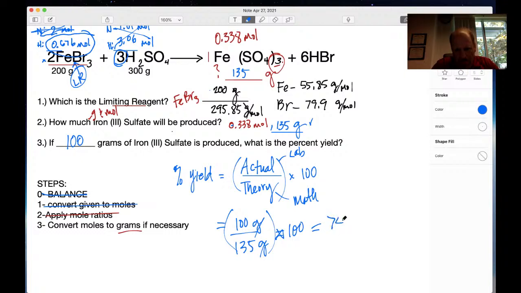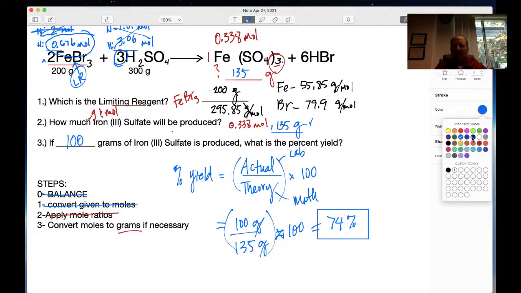So 74% yield. Okay, and that's how you do it. So if 100 grams of sulfate is produced, what's the percent yield?